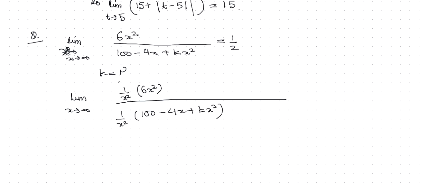So this gives us the limit of 6 over 100 over x square minus 4 over x plus k.